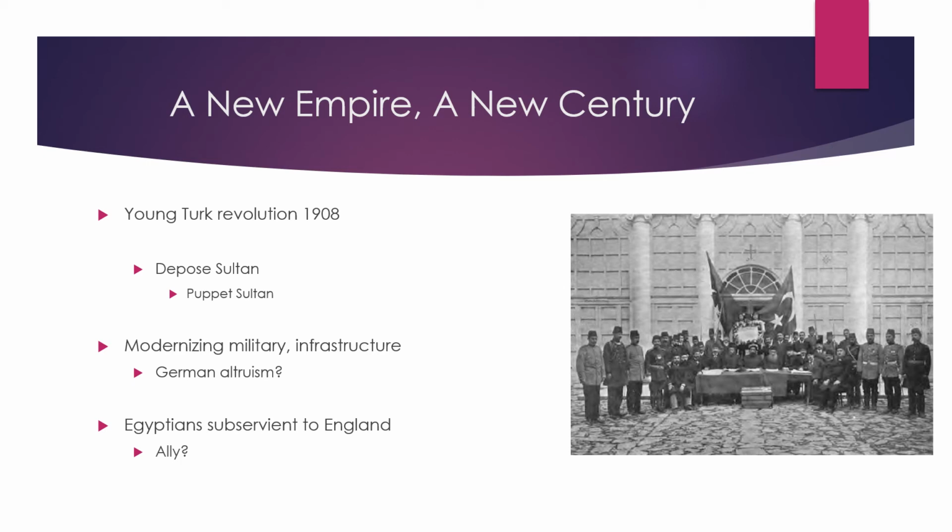There are already several other competing universities that have much more cachet, particularly French and German-led universities. But the Germans and the Americans pretty much treat the Ottomans much, much better than the French or the English did. The Egyptians seem subservient to England, and so maybe the Ottomans are not really looking at the English as the allies that they could possibly be.